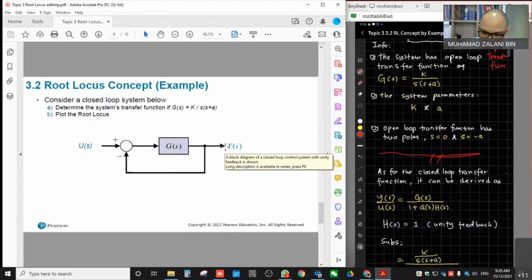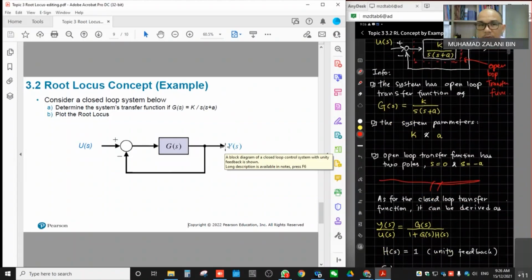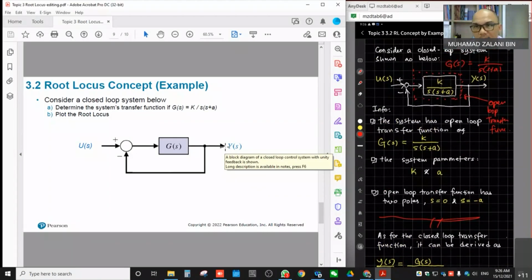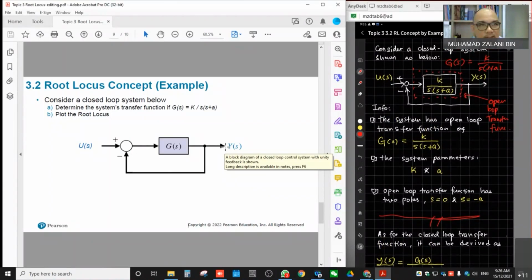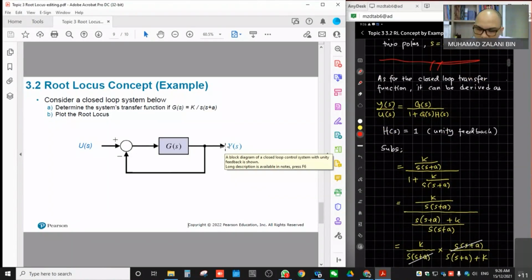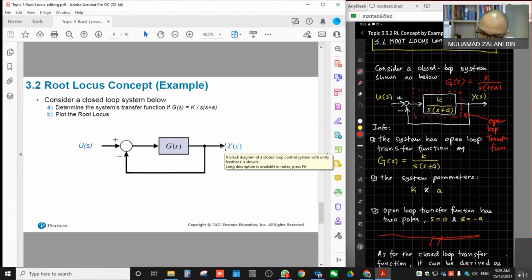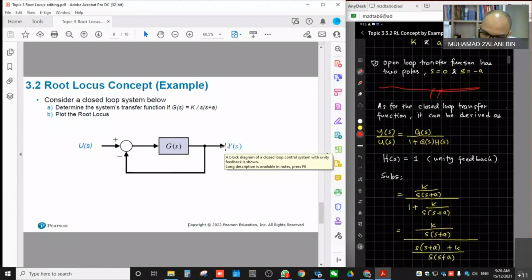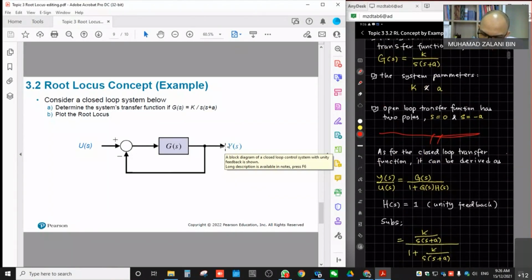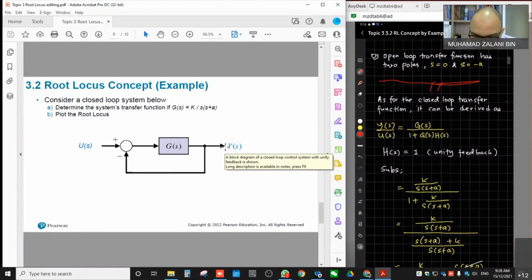To make sure that you understand the concept, let's say we want to sketch the root locus for this particular transfer function. We start with getting its transfer function Y(s) over U(s).